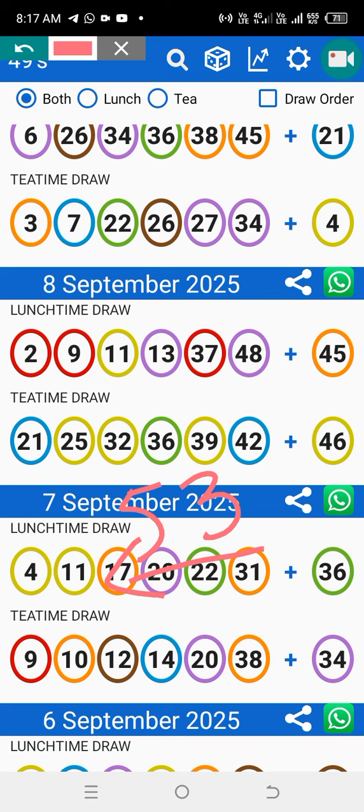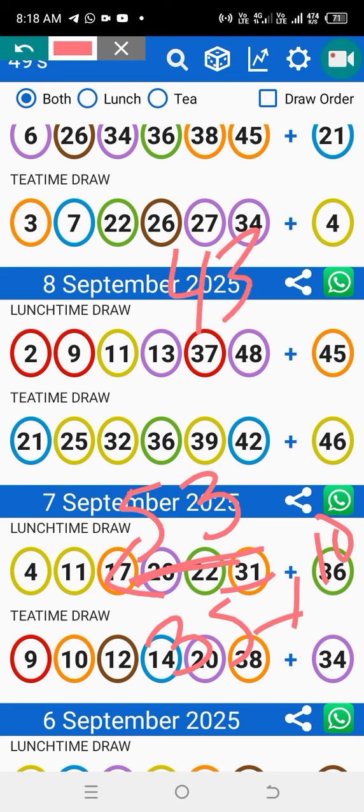Remember in the 50s, you do minus. We're going to get 35 plus 10. And also you're going to get for 53 minus 10, which is 43. So your two numbers will be 45 and 43, because the 35 plus 10 is 45. So that's how 45 played.